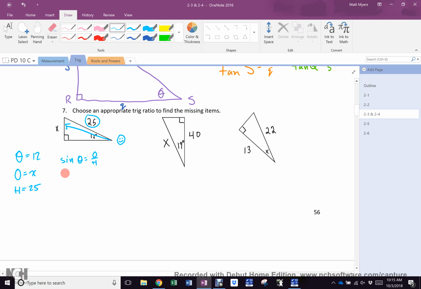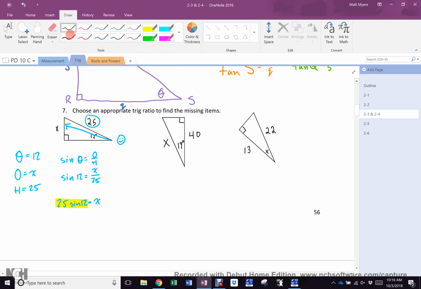Now just fill it in. Sine of 12 is x over 25. How do you get rid of divided by 25? Multiply. 25 sine 12 equals x. Now I go to my calculator. How do I do that?